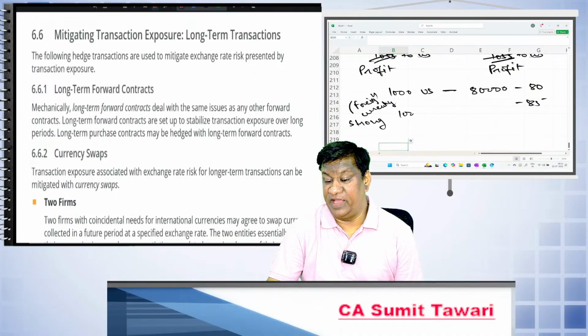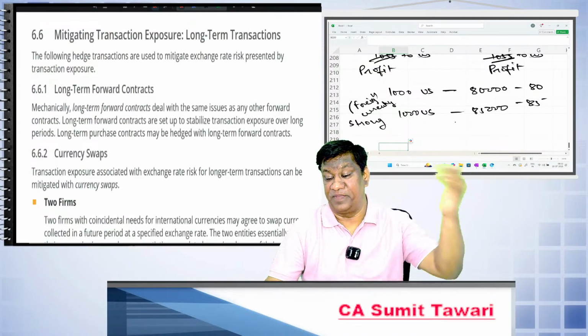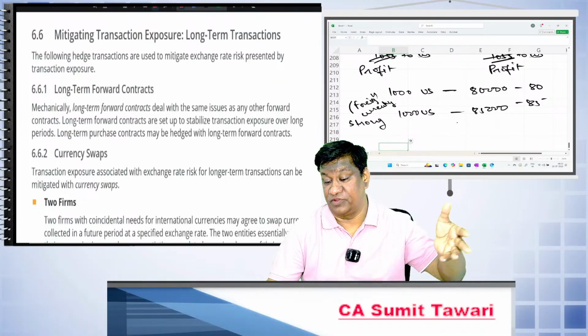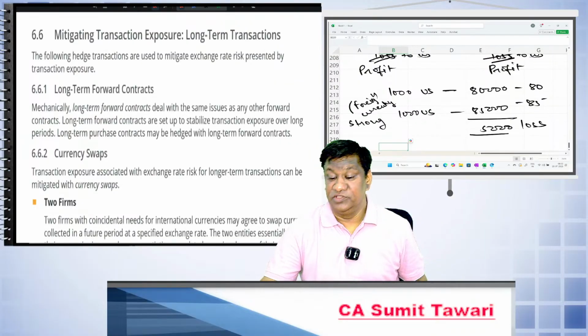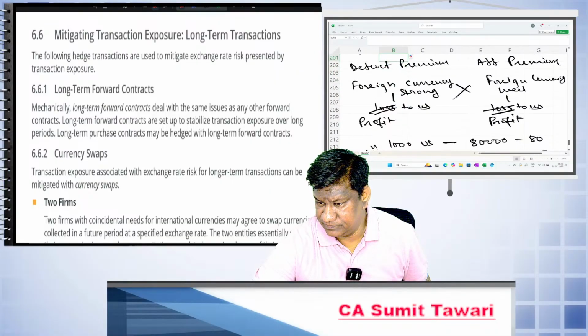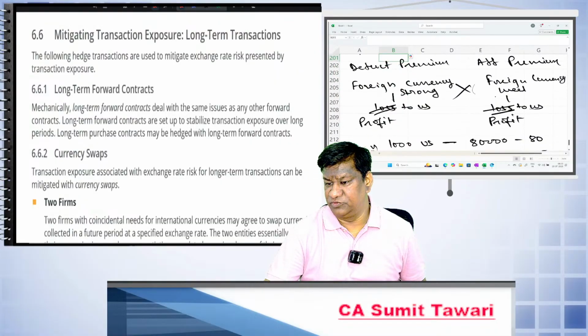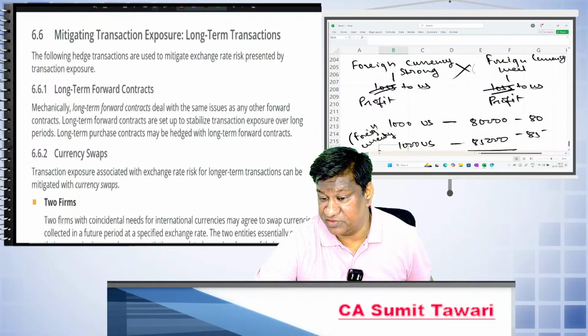So for buying 1,000 US dollars, I need to spend 85,000. If I'm buying, that means I'm paying, so there is a payable of 1,000 US dollars. For that, 5,000 is basically a loss to me. So in case of a payable, when the foreign currency is strong, we need to bear the loss. If the foreign currency is weak, then we can get the profit.